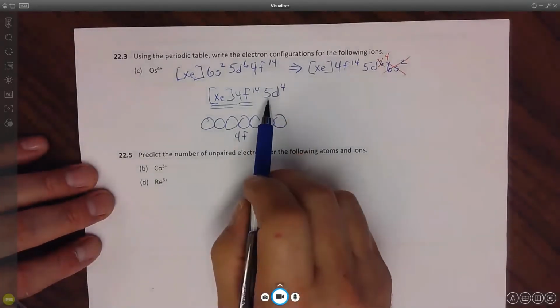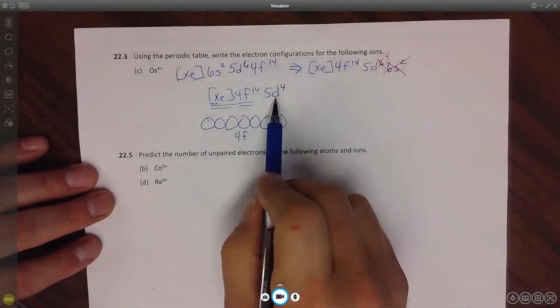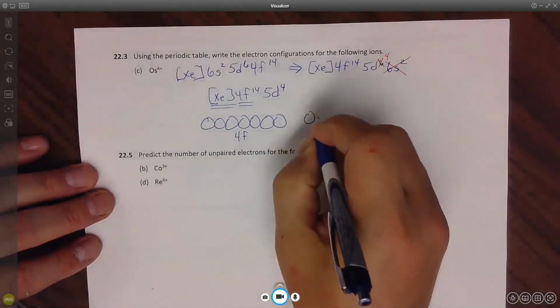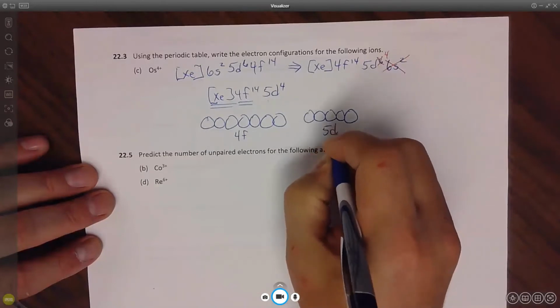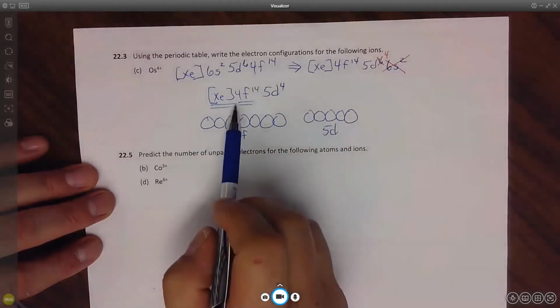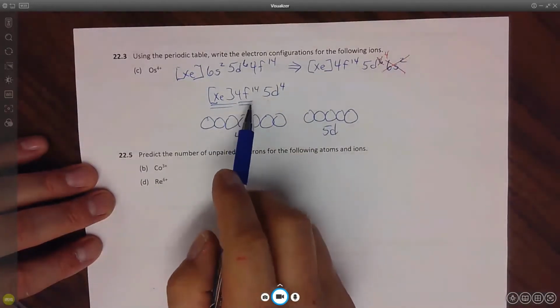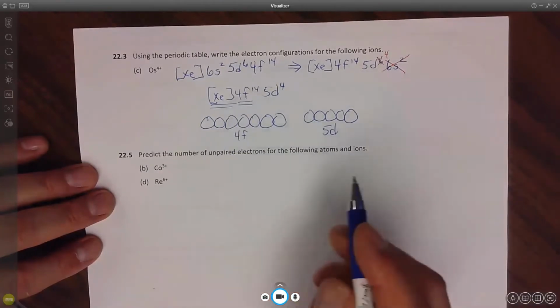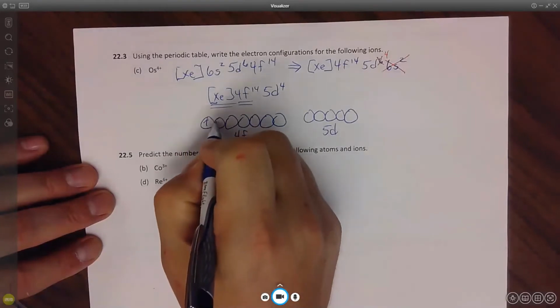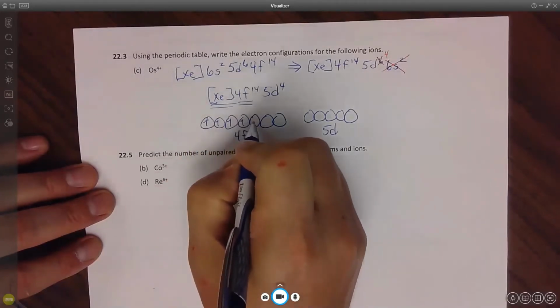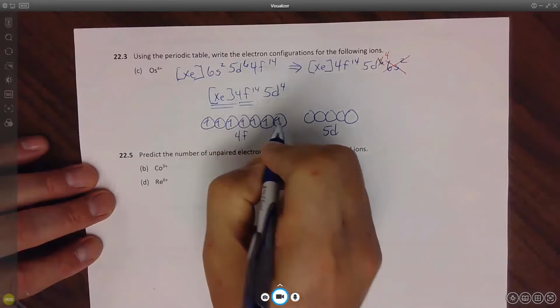Then we have the 5D shell. A D subshell has 5 orbitals, so 1, 2, 3, 4, 5. The reason we don't need to worry about the pseudo-noble gas core is because they're always filled. According to Hund's rule, we fill them singly with the same spin, so that would be 1, 2, 3, 4, 5, 6, 7.